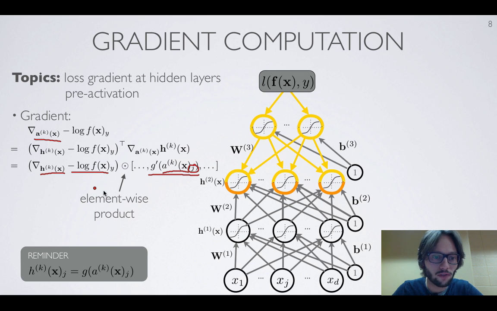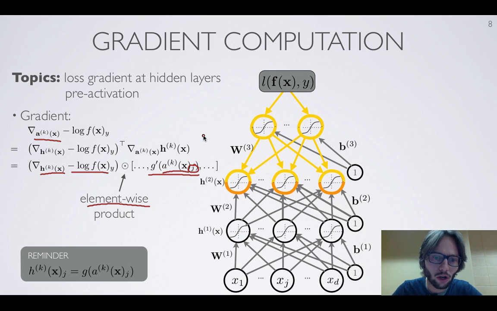So we can just achieve that by taking the gradient of the loss with respect to the activations and doing an element-wise multiplication with a vector that contains all of these gradients of the activation function for all neurons, neurons 1, 2, up to j, and then up to the number of neurons in that layer.